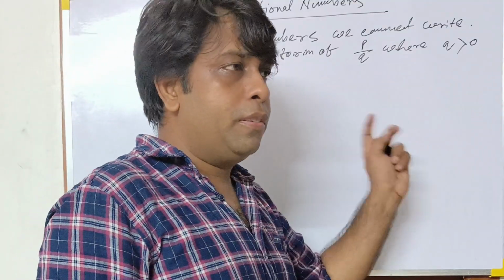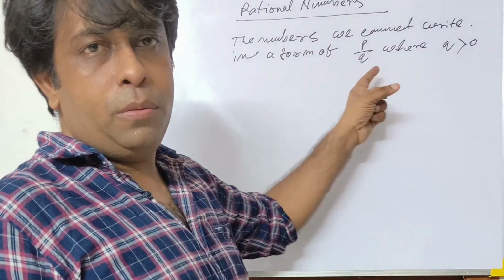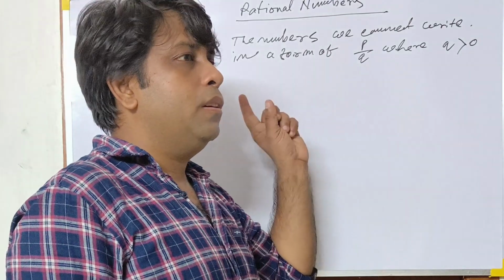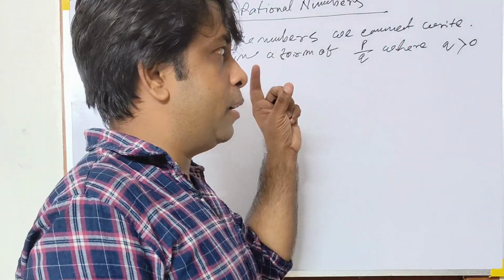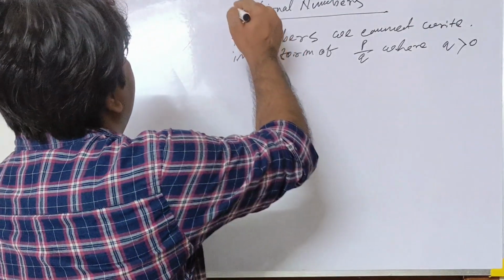If any number we cannot represent in the form of P by Q, this number cannot be a rational number. The numbers are actually irrational numbers.